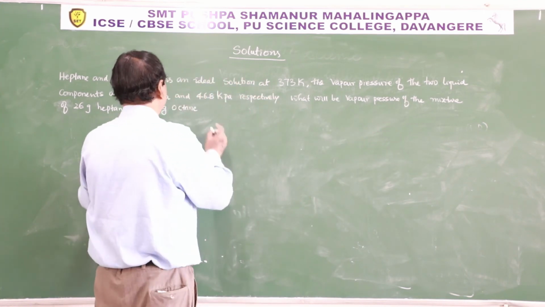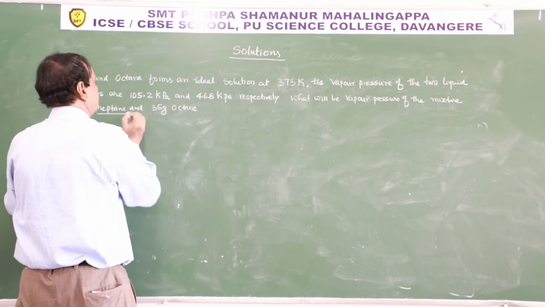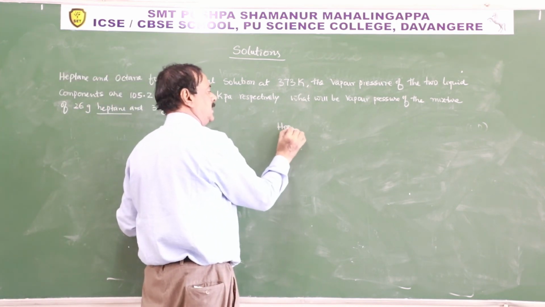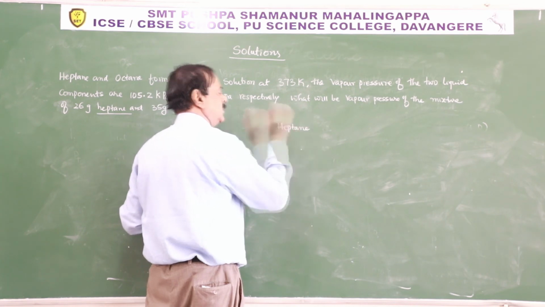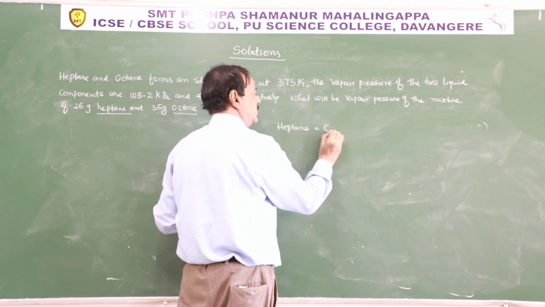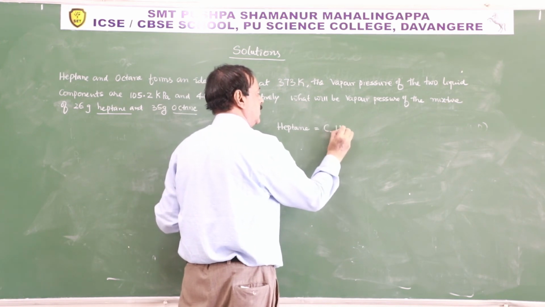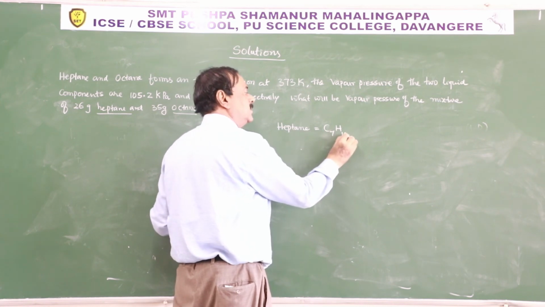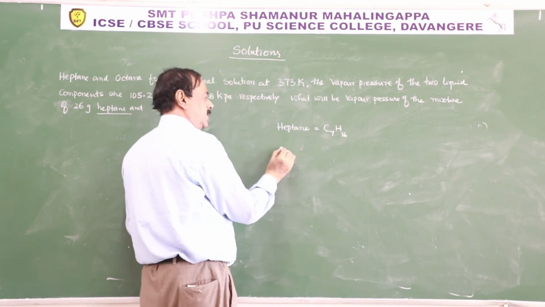Now what is the formula of octane and heptane? Heptane is an alkane series. Hepta means 7 carbon atoms, that is C7 alkane series, CnH2n plus 2. 7 into 2, 14 plus 2, that is 16, so C7H16 is the formula.